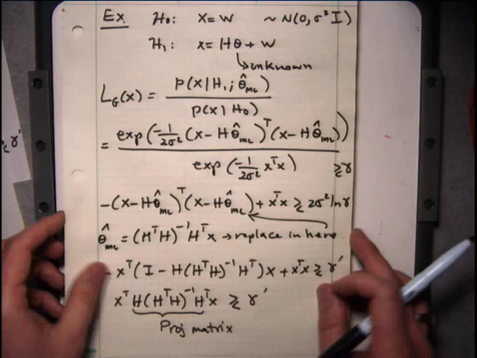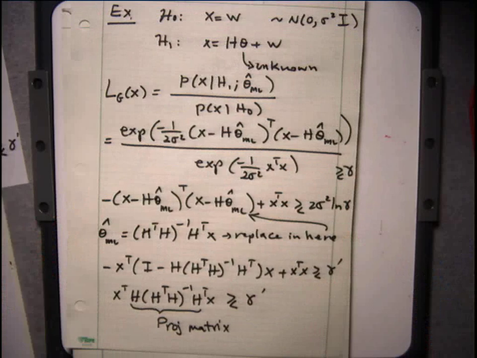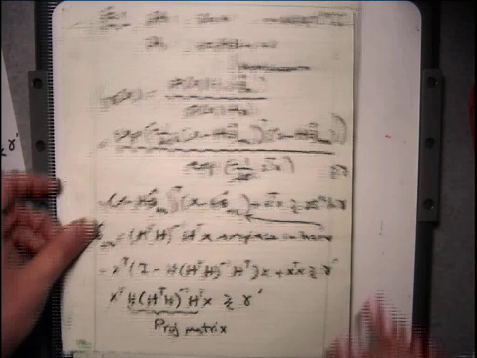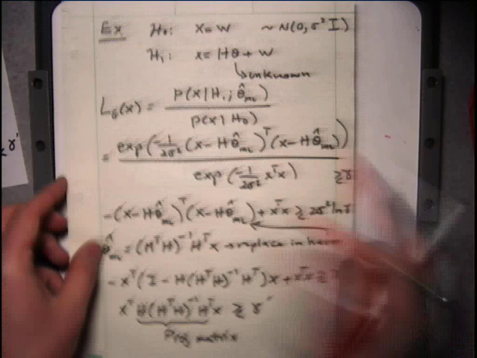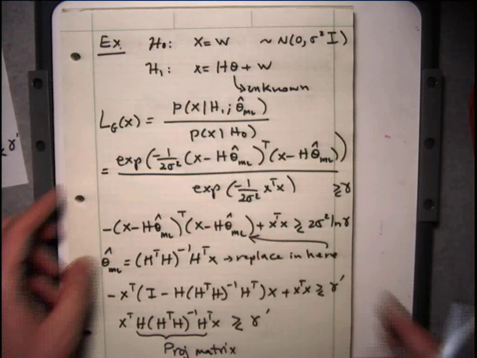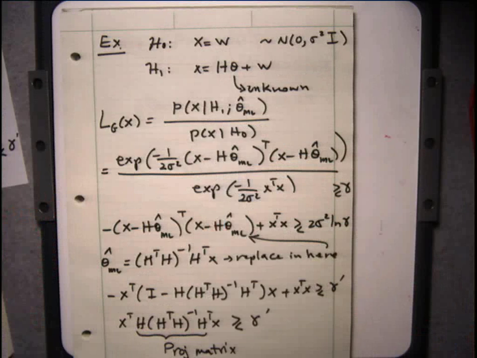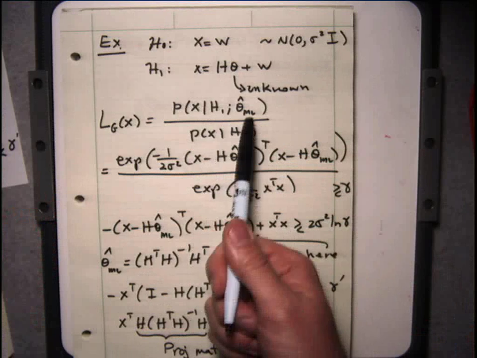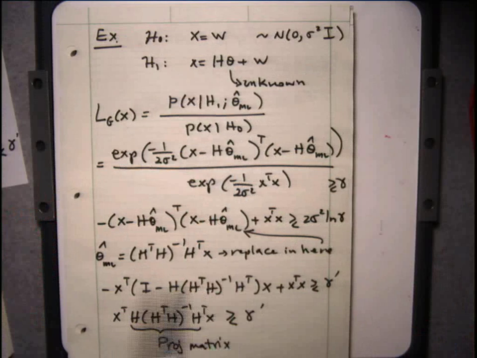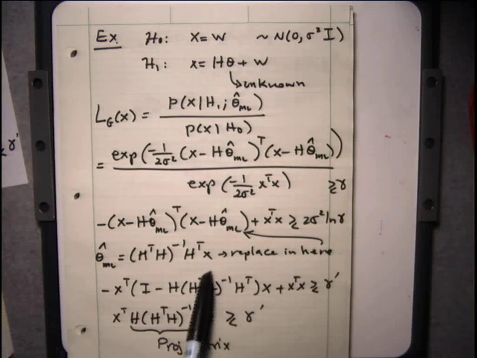One of the things that may be a little bit confusing about this is that in this formulation, we are going to replace this theta hat maximum likelihood with this expression, where it looks like we are implicitly assuming the signal is there.